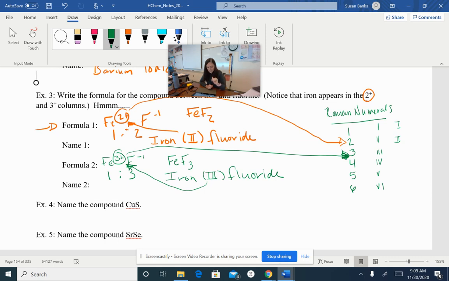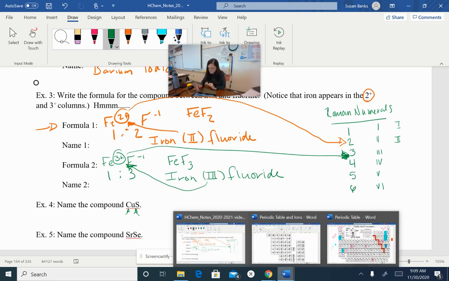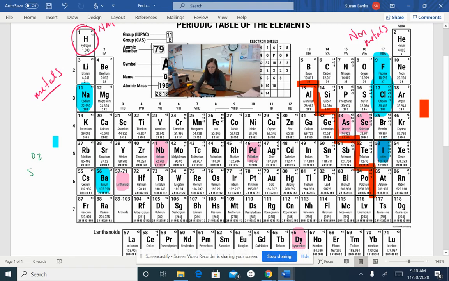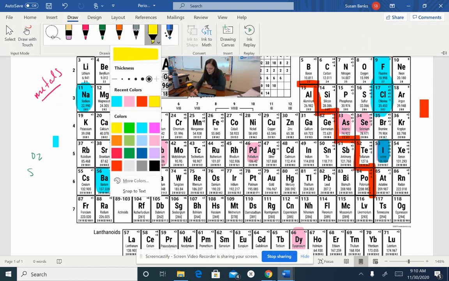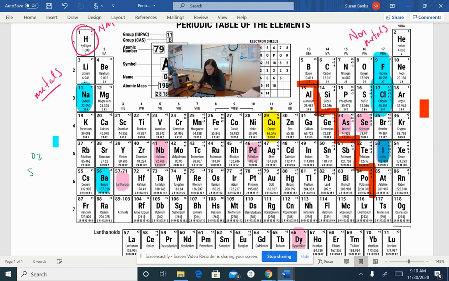So let's name this compound. We've got copper and we've got sulfur. Now, the thing is, copper is a transition metal. It can be either a +1 or a +2. We don't know what it really is. So what we need to do is see what it is bound to and then determine the charge from that.